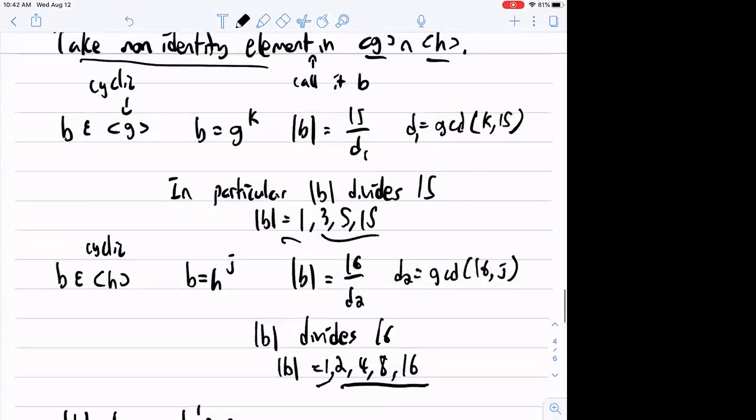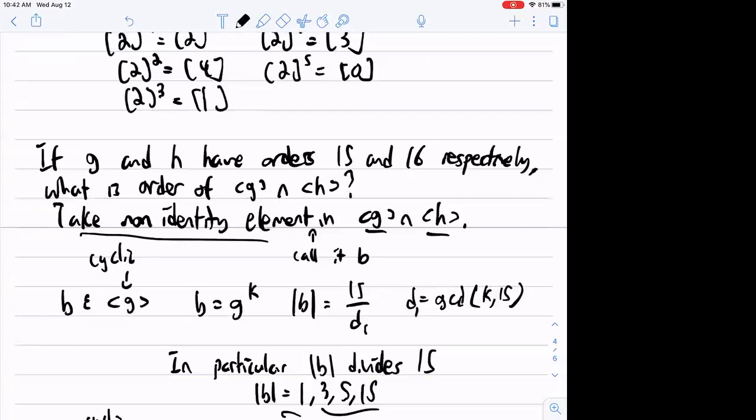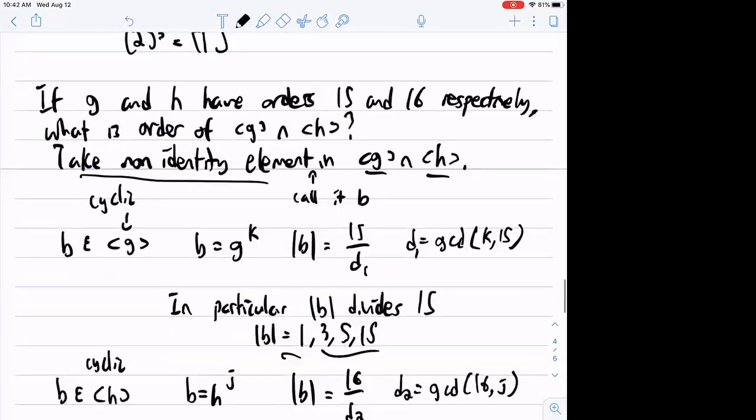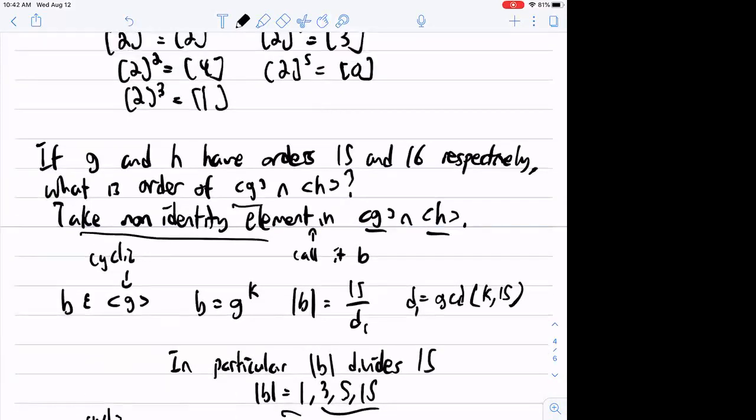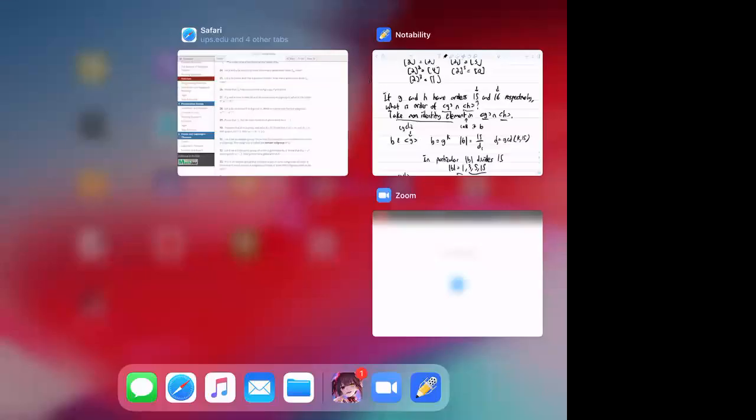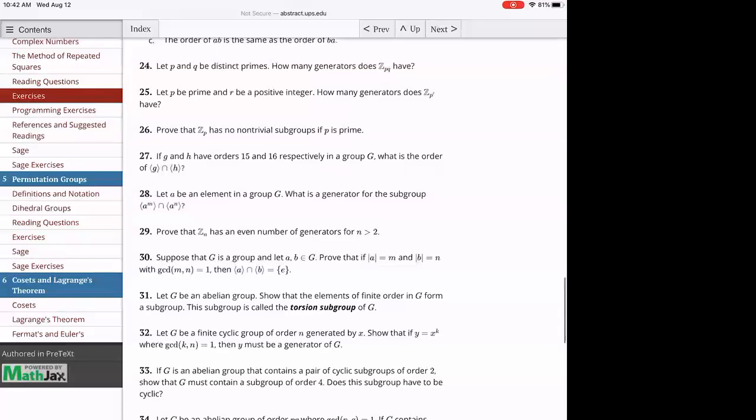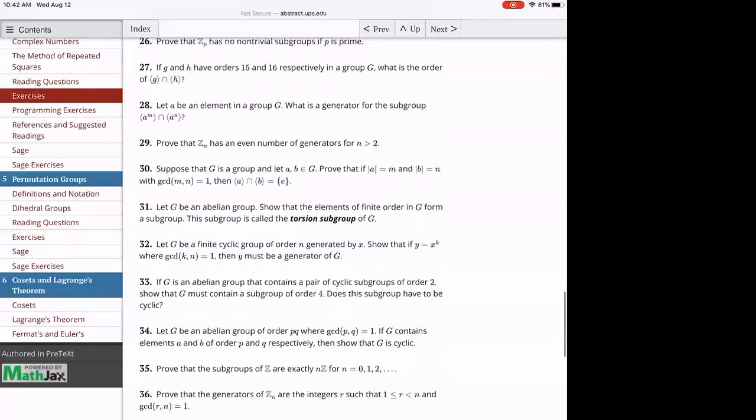We took an element and, using the division property, the order must divide the order of G and the order of H. So the order must divide 15 and must divide 16. The only number that works is 1, and the only element of order 1 is the identity. There is a generalization to this. Let me try to find it.